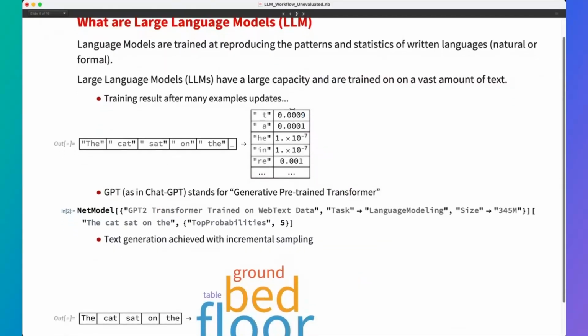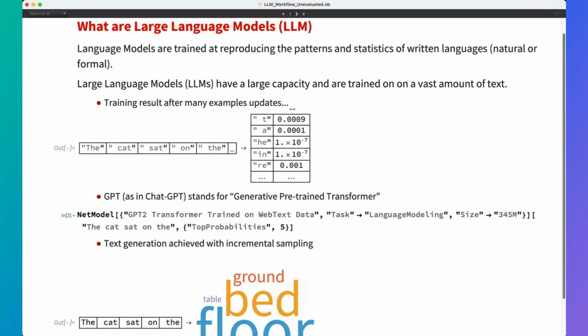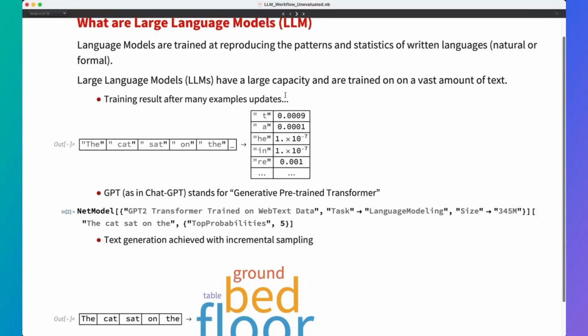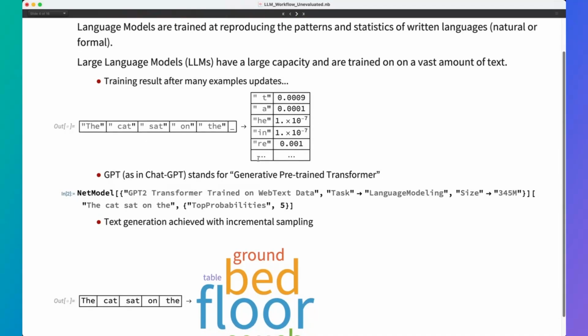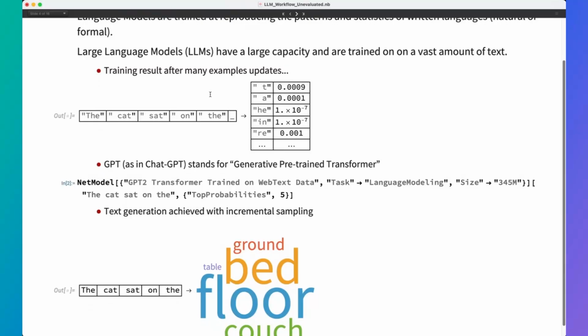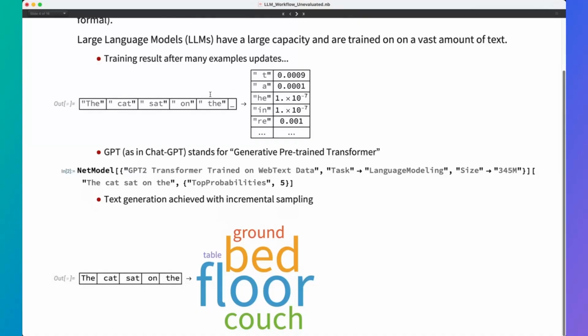So nowadays, most language models are built on top of neural networks. When we say language model, we mean a function that maps and represents the distribution of tokens and expresses the statistics of written language, be it natural, like French or English, or formal, like the Wolfram language. And large refers both to the training data, which are huge corpuses, and to the neural network's capacity, basically the number of weights.